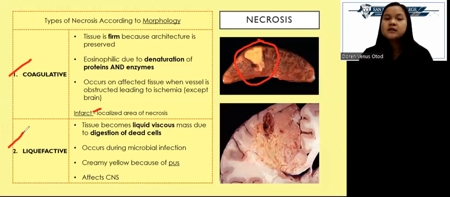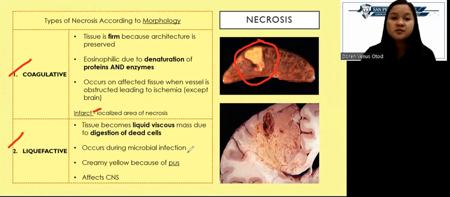So there is rapid total enzymatic dissolution of the cells. This can usually be seen in brain tissues with bacterial infection. And this can lead to pus formation. There is liquefaction, there is softening of the specific or infected part.